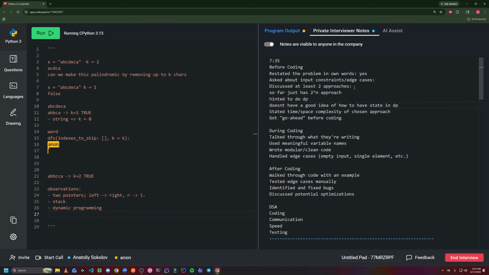So my base case would be, if k equals 0, then just check if the string is a palindrome.